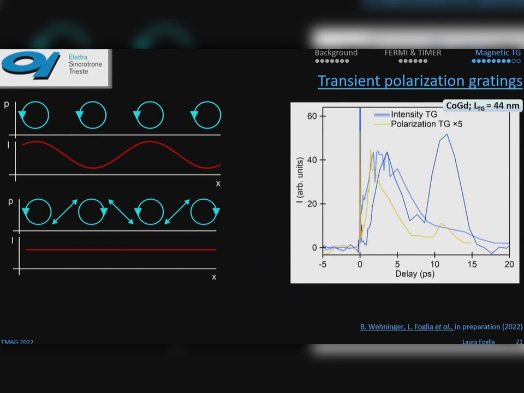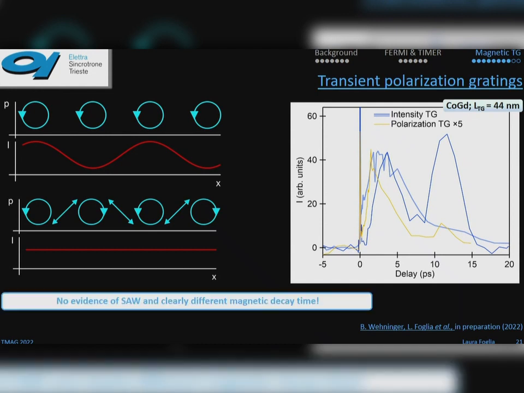So we have a rise time, which is the same as the magnetic signal, and a much faster decay time. But the question here is, what is driving this excitation? What is actually creating the grating if my intensity is constant? And there is no evidence of other kind of intensity-driven excitation, like, for example, surface acoustic waves.